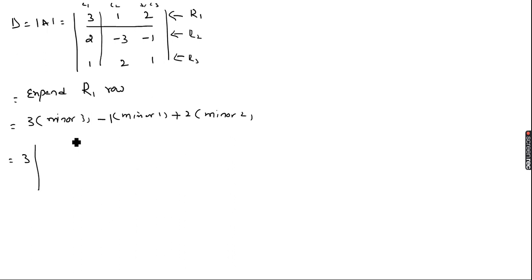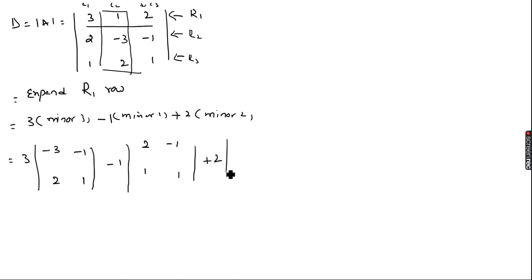Remove the first row and first column, and we get minus 3, minus 1, 2, 1. And minus 1 into the minor of 1. The position is first row, second column. We remove the first row and second column, and we get 2, minus 1, 1, 1.